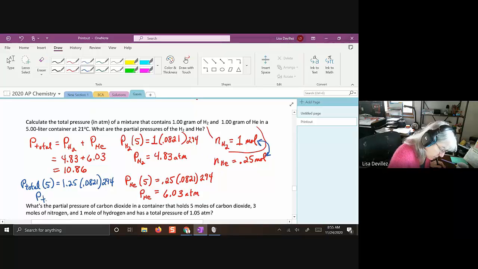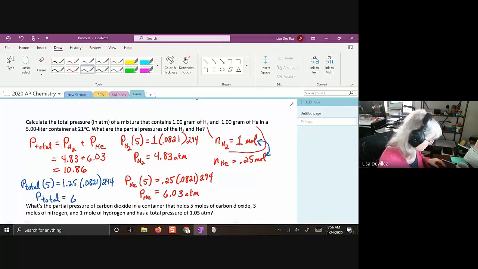So that gives me P total of 1.25 times 0.0821 times 294, and then divide by 5, and I get, wait, what did I just do?